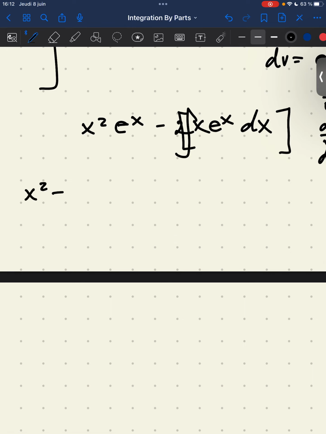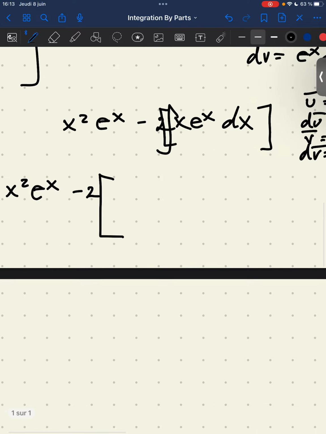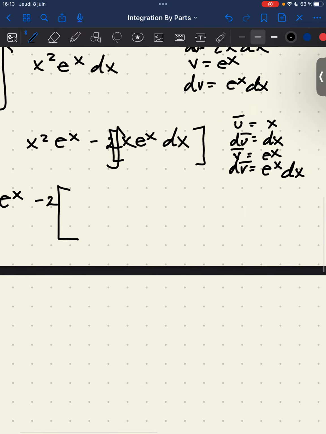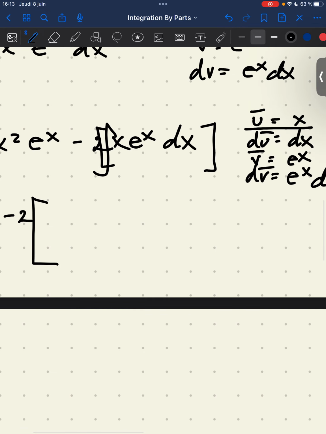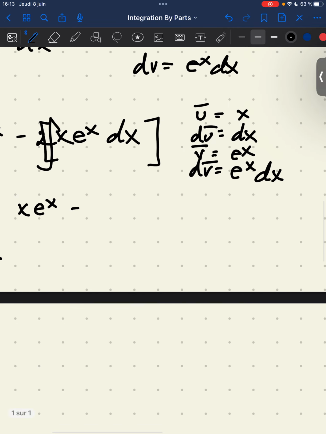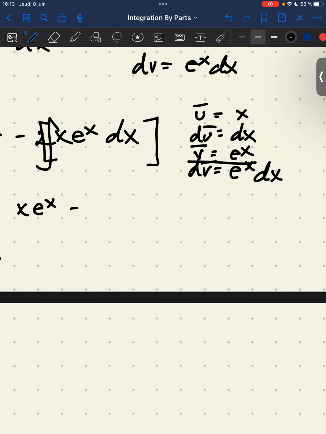X squared e to the x minus 2 bracket, and then we multiply our u bar times our v bar minus what is v bar times du bar.